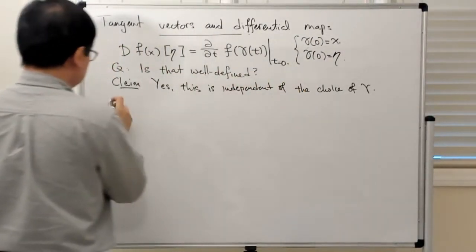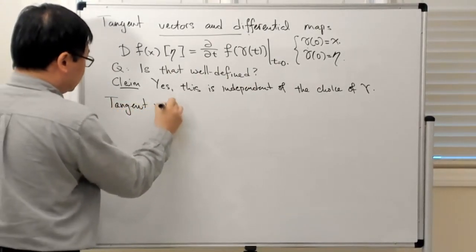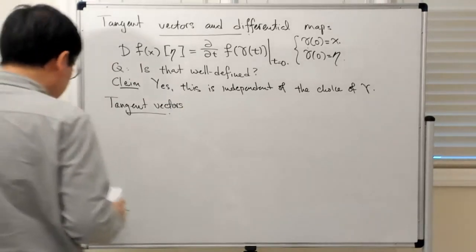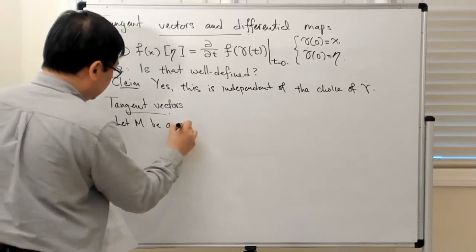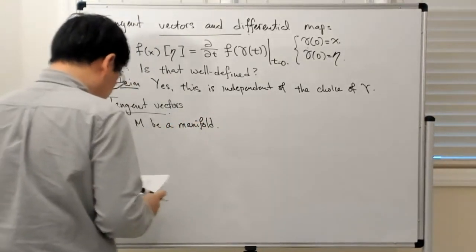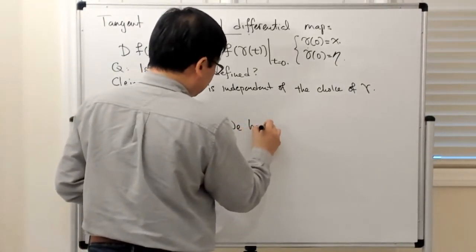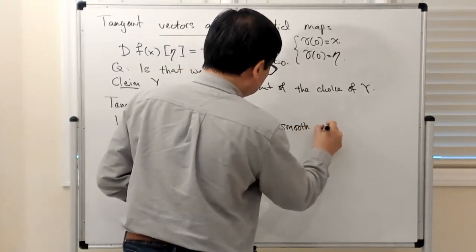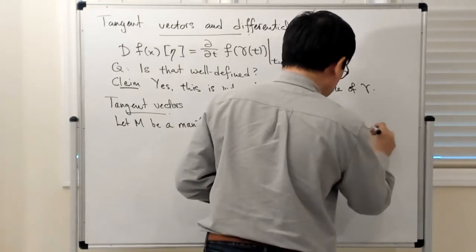Okay, so let's talk about tangent vectors. Let M be a manifold, and then we have a smooth mapping gamma from the reals to the manifold.